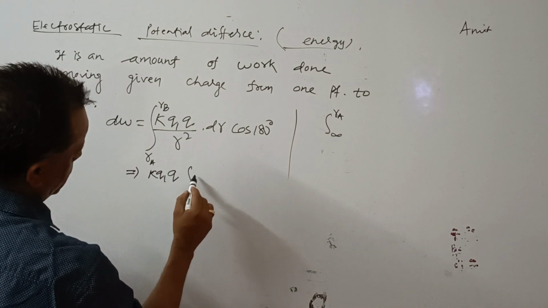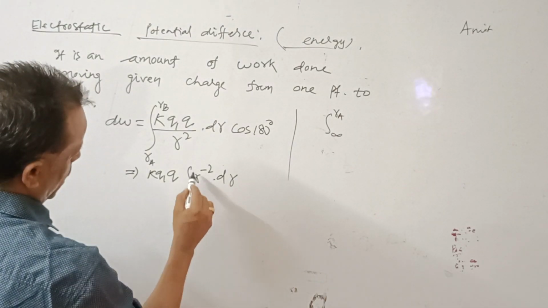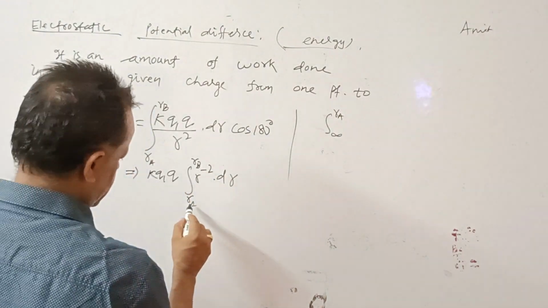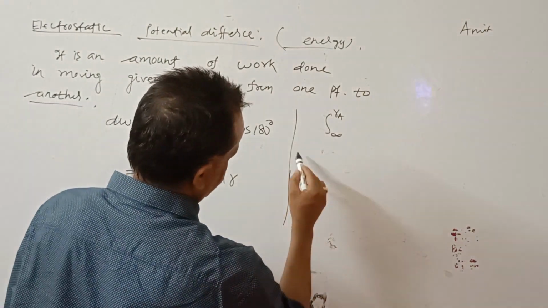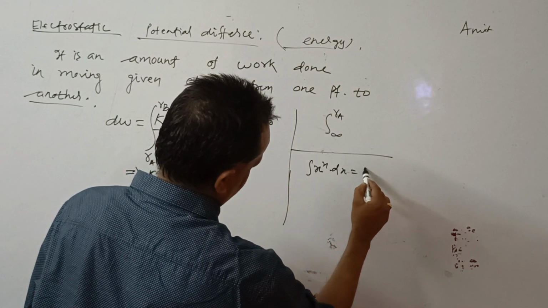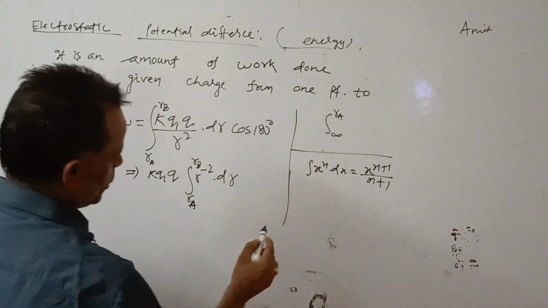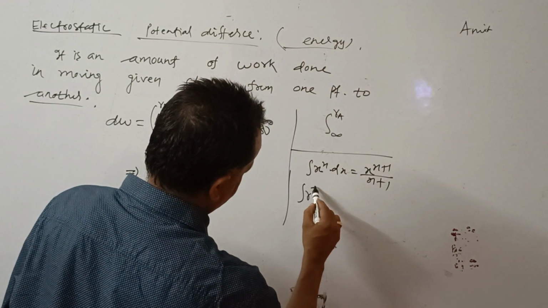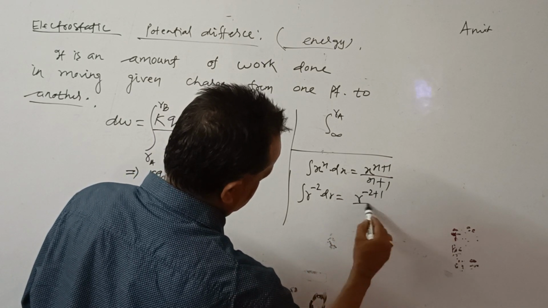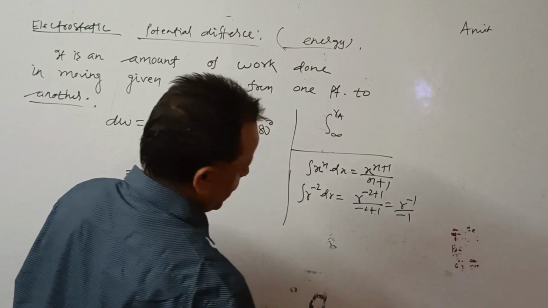This is R to the power minus 2 delta R, from RA to RB. Integration of x to the power n delta x is x to the power n plus 1 upon n plus 1, so it is coming out to be R to the power minus 1 upon minus 1.